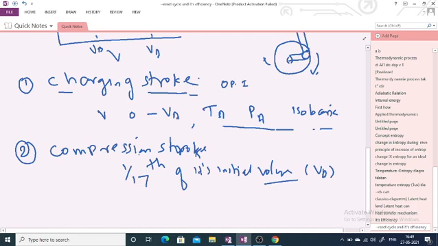Here the compression ratio is greater than in the Otto engine. So what happens?